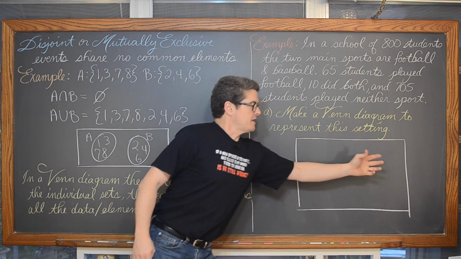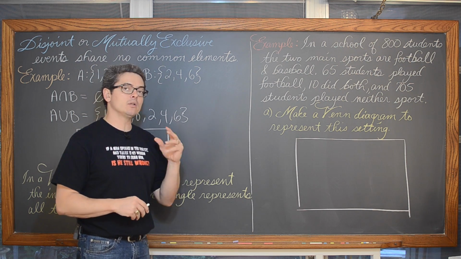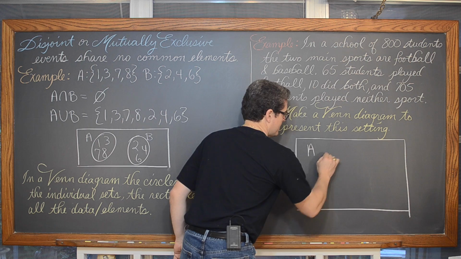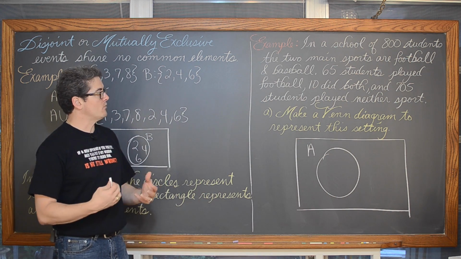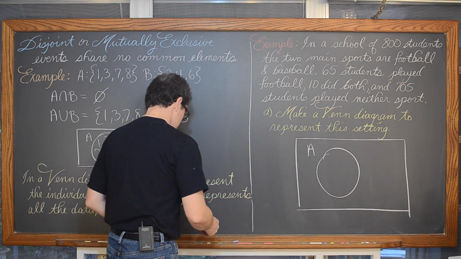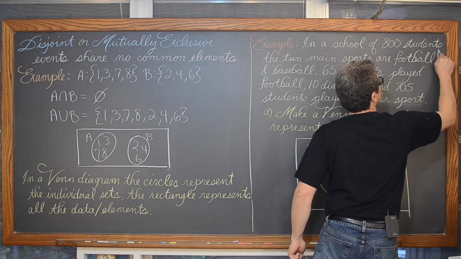Now, this rectangle is representing all of the students that attend the school, all 800 students. Now we're going to create a circle that represents set A or event A. Let's say that A is for students that are playing football.